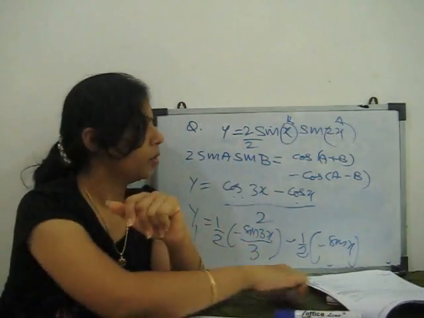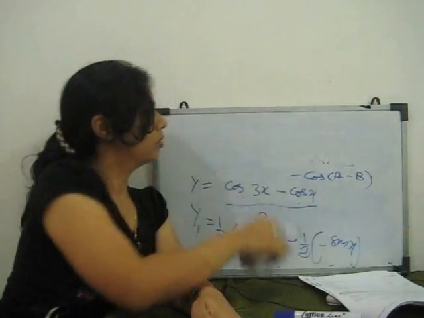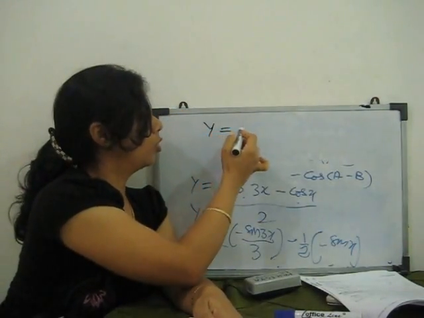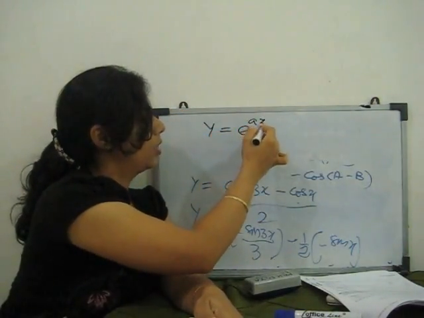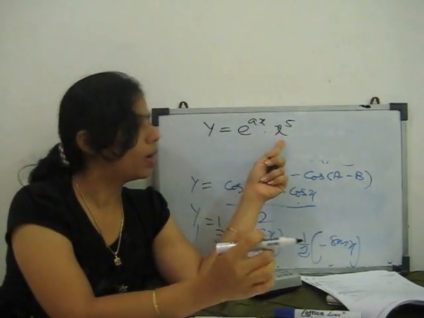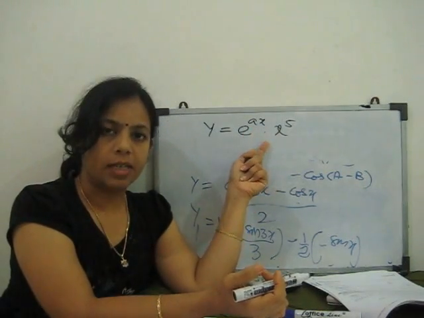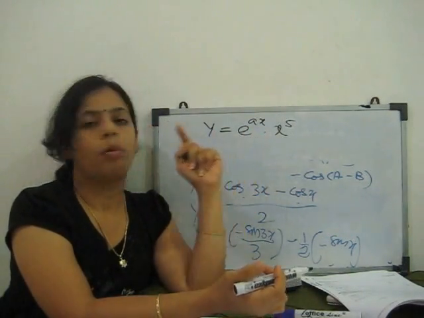If we have, for example, y is equal to e to the power ax into x^5, this function we can easily handle, finding the nth order derivative with the help of the Leibniz theorem. But if we have e to the power ax cos bx, we can't find the nth order derivative with the help of Leibniz.